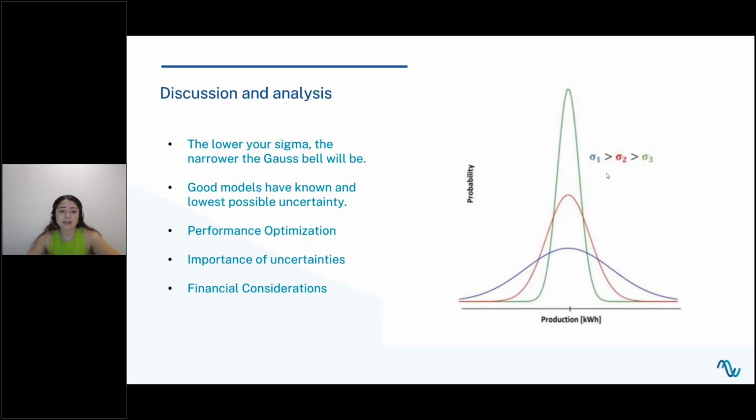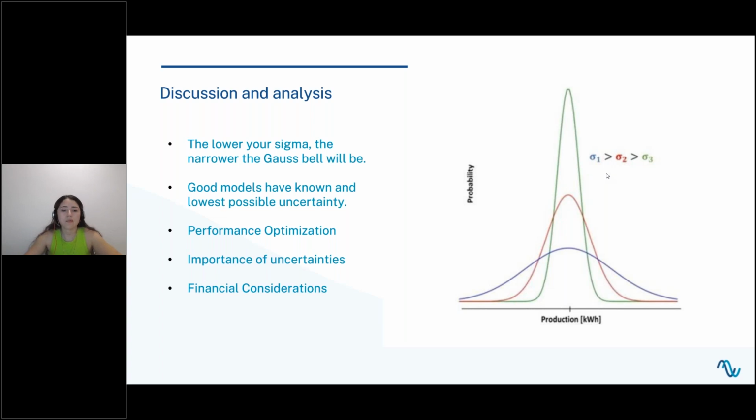So by also analyzing the sensitivity of the energy yield estimates to different parameters such as solar irradiance, temperature, module efficiency, and inverter efficiency, developers can identify key factors that significantly impact the energy production, and this information will allow them to make informed decisions on selecting reliable equipment and optimizing the design.